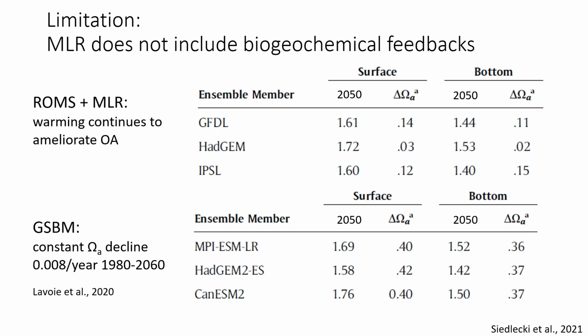The limitation of using the empirical model to make future projections was that it couldn't include biogeochemical feedbacks like possible changes in productivity rates or sediment respiration. So we also compared it to a biogeochemical model that was run for the Gulf of St. Lawrence. GSBM is the Gulf of St. Lawrence biogeochemical model with dynamic biogeochemistry.